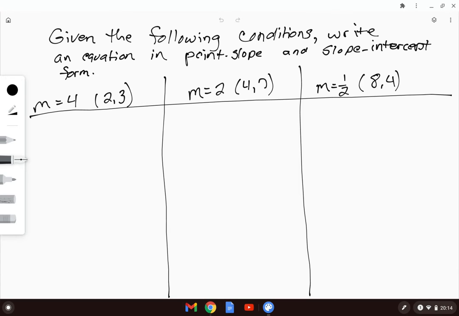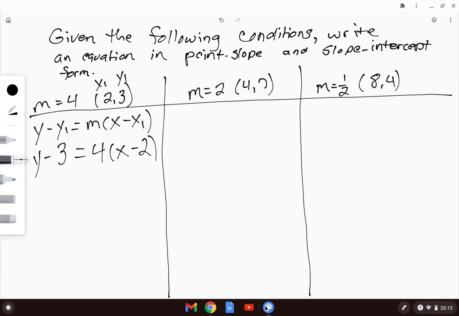So what I'm basically going to do is start with y minus y1 equals m times x minus x1. And again, here's my x1 and my y1. So y minus 3 equals 4, which is my slope, times x minus 2, which is x1.